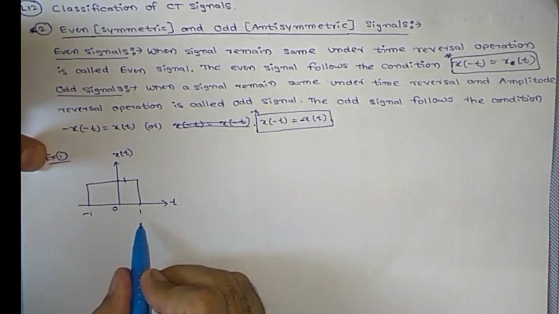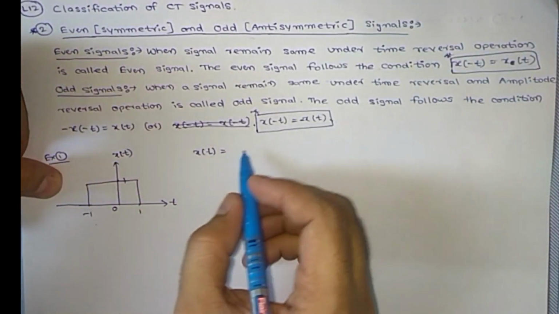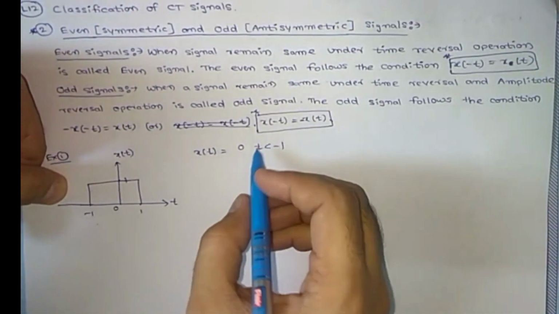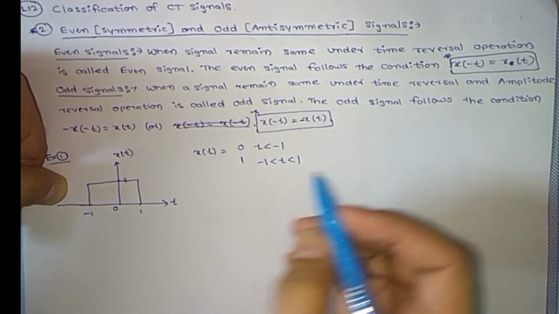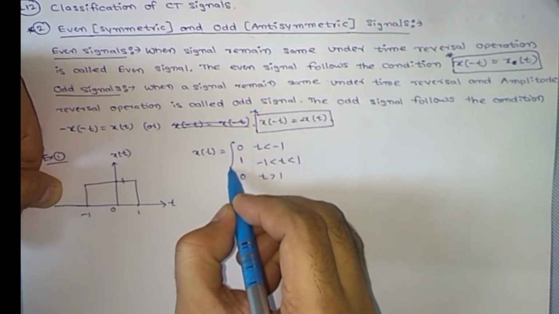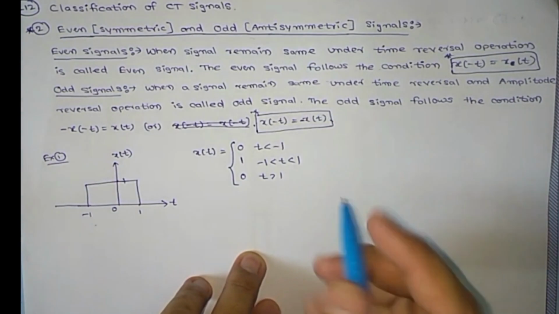So here the first example has a given signal. Let us write the mathematical equation for this one. X of t equal to 0 for t less than minus 1, and it is 1 for minus 1 less than t less than 1, and 0 for t greater than 1. Right? So let us find x of minus t.